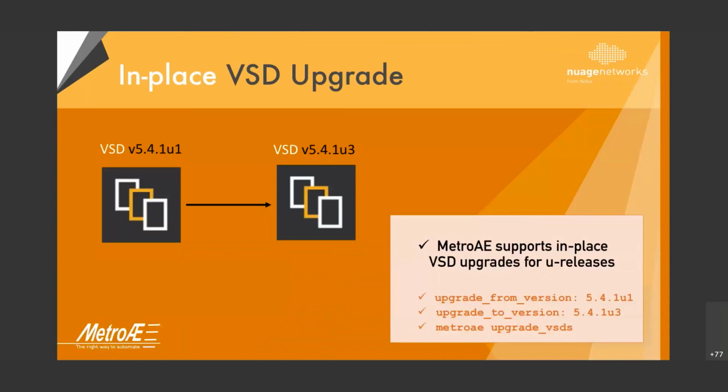And in this, a new VM will not have to be created. The existing VSD VM will be patched with the new software, and this saves a lot of time, as well as the process is automated in the 3.3.0 version.